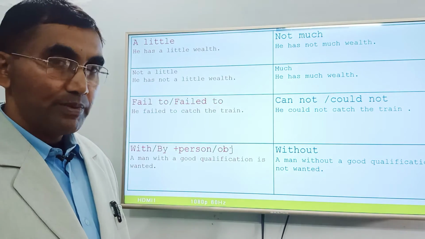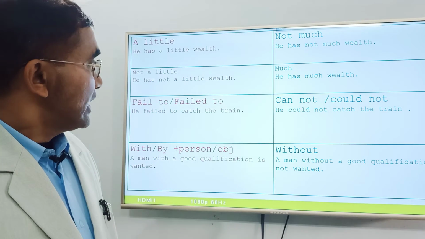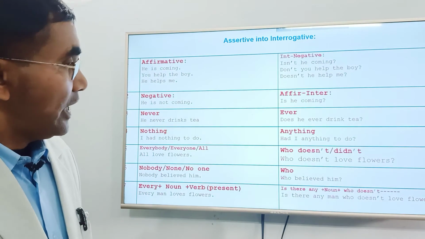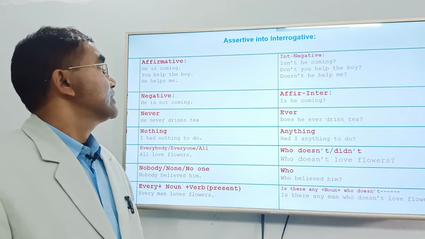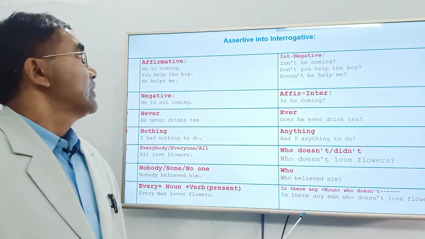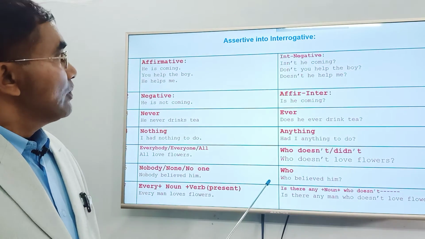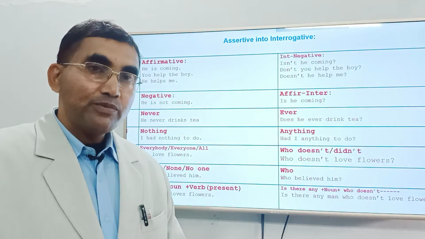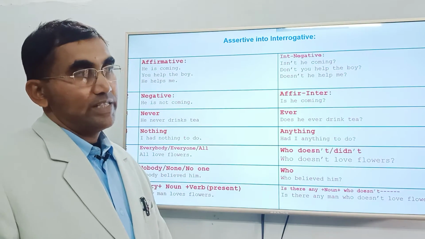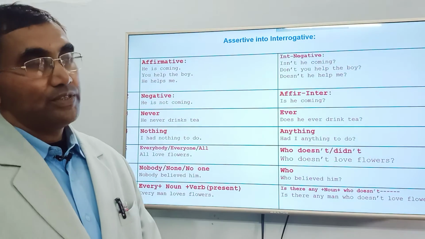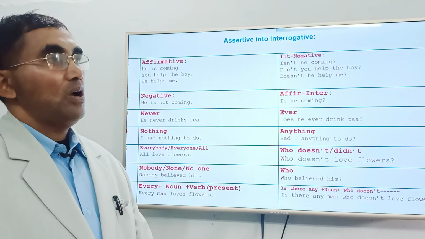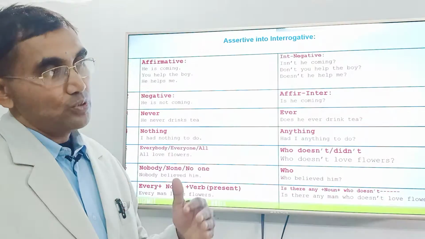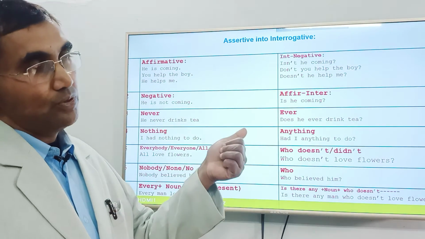So dear friends, let's go on to the next type of transformation. My present task is on assertive into interrogative. Sometimes there are some assertive sentences which you will have to transform from assertive into interrogative.